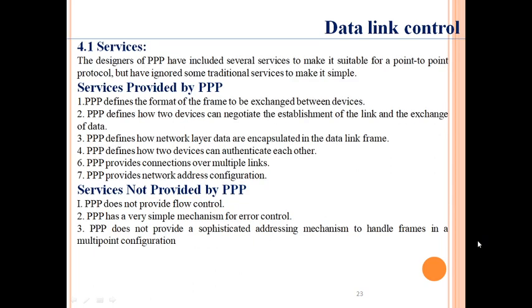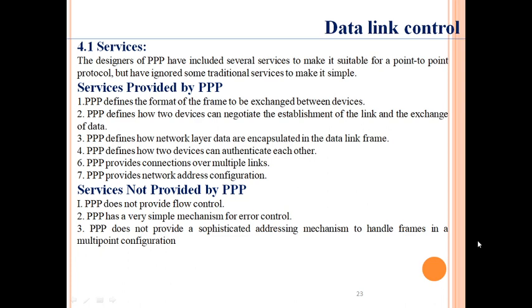Point-to-point protocol provides many services. First, it defines the format of the frame to be exchanged between the devices. It defines how devices can negotiate the establishment of a link and exchange of data. It defines how the network layer data are encapsulated in the data link frame, as the data link layer receives the packet from the network layer, encapsulates it and sends it to the receiving node.